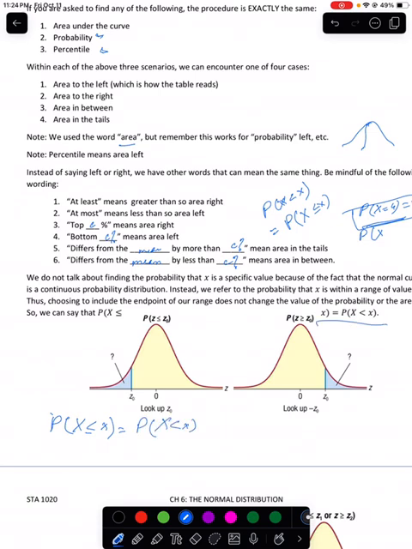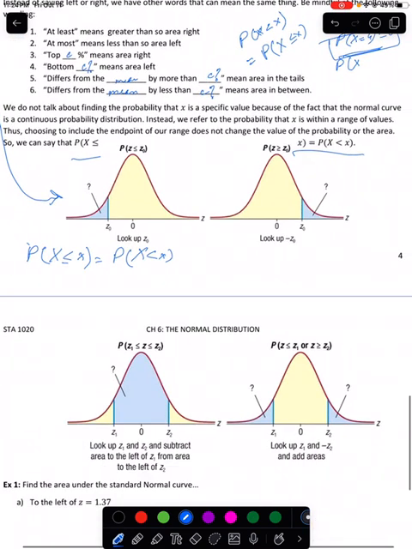So now the 4 scenarios that we talked about here are represented by these 4 curves. If the question is asking you to find the probability that X is less than, because remember this is what the question might ask, but eventually we have to change it to z-scores, so it becomes the probability that big Z is less than or equal to some little z.